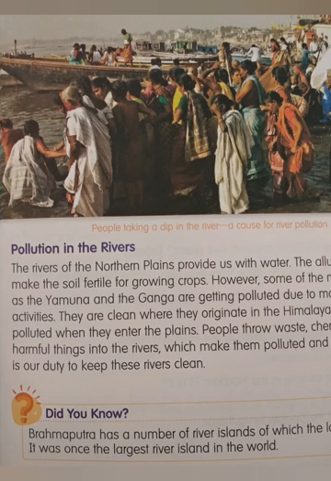However, some of the major rivers such as the Yamuna and the Ganga are getting polluted due to many human activities. They are clean where they originate in the Himalayas, but become polluted when they enter the plains. People throw waste, chemicals, and other harmful things into the rivers, which makes them polluted and unsafe for use.